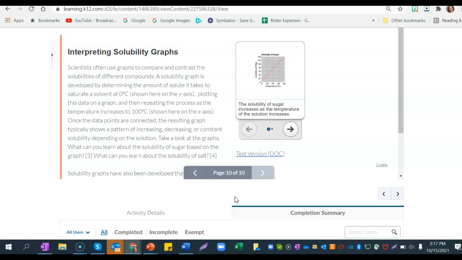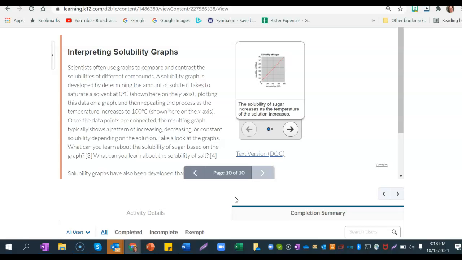Plotting this data on a graph and then repeating the process as the temperature increases to 100 degrees Celsius, shown here on the x-axis. Once the data points are connected, the resulting graph typically shows a pattern of increasing, decreasing, or constant solubility depending on the solution.